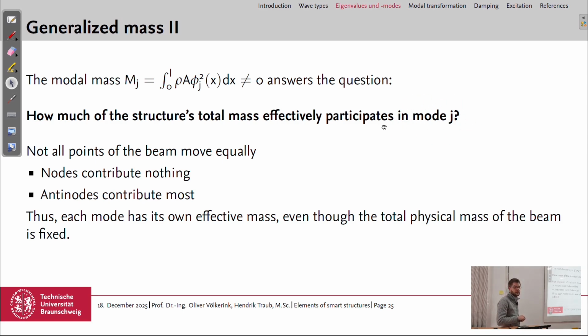So each eigenmode has its own generalized mass. And that's because not all points of the beam move equally. Nodes contribute nothing to the motion, and antinodes contribute most, where the amplitude of the standing wave is highest. And therefore, as said, each mode has its own effective mass.